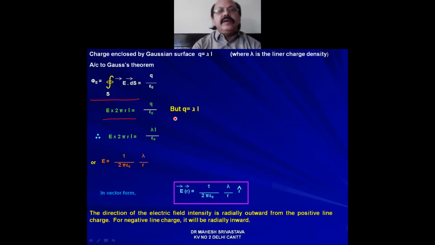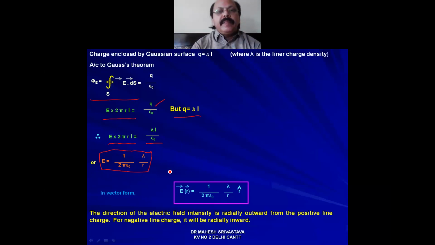But Q is equal to lambda L. So substitute the value here, then the equation becomes E into 2 pi r L equal to lambda L upon epsilon naught. L gets cancelled, then you will get E equal to 1 upon 2 pi epsilon naught, lambda upon r.